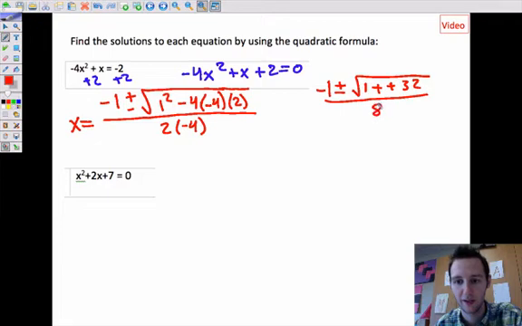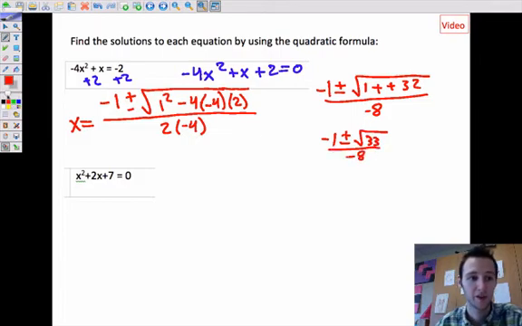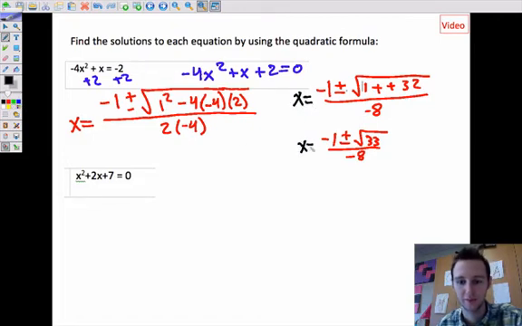All that over 2 times negative 4, which is negative 8. Then just continue to simplify. Negative 1 plus or minus the square root of 33 over negative 8. From this point, I should add in my x equals. x equals negative 1 plus or minus the square root of 33 over negative 8.